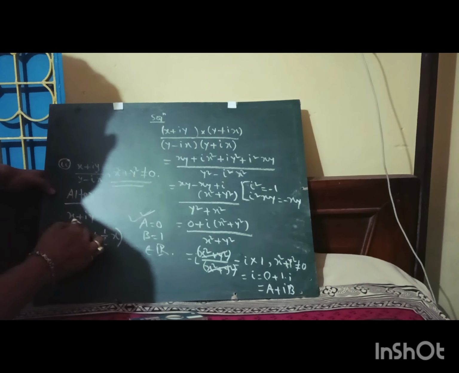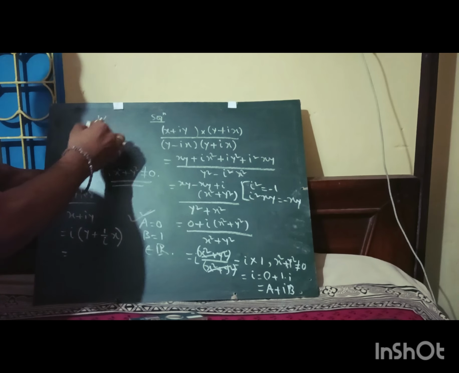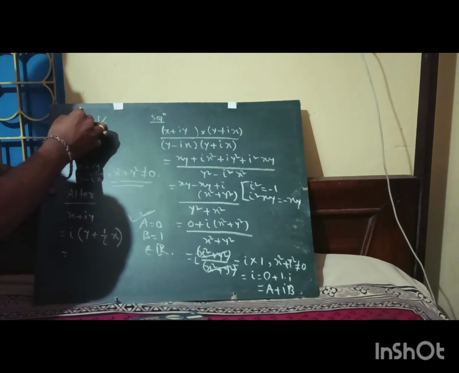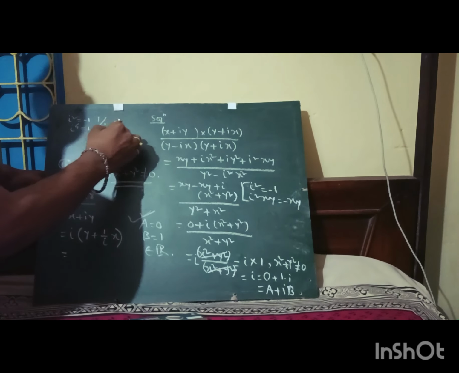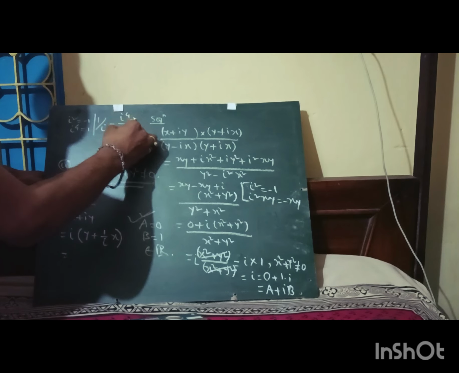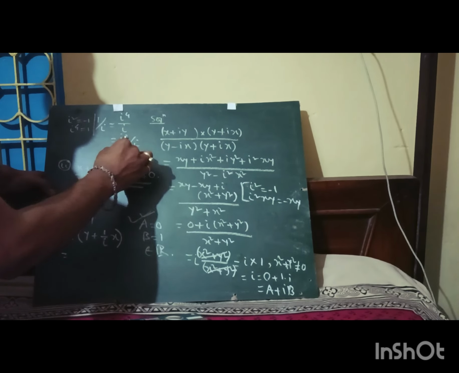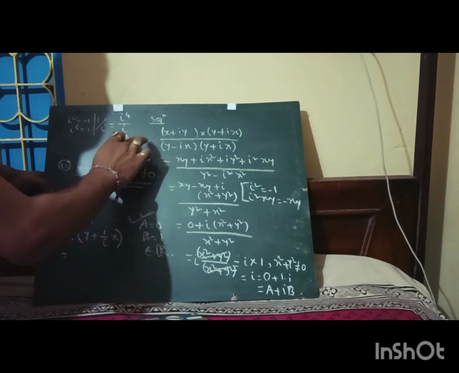Then we will get, see, 1 by i. We know that i squared is equal to minus 1. That means i to the power 4 equals 1. That means 1 by i is equal to i to the power 4 by i. That is i cubed, since i to the power 4 by i means i cubed.